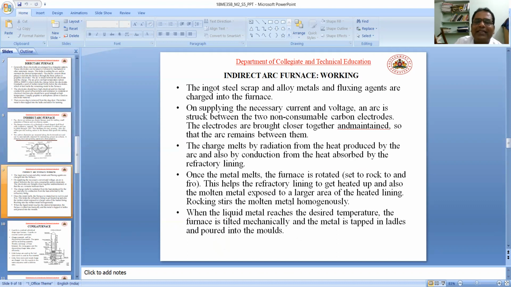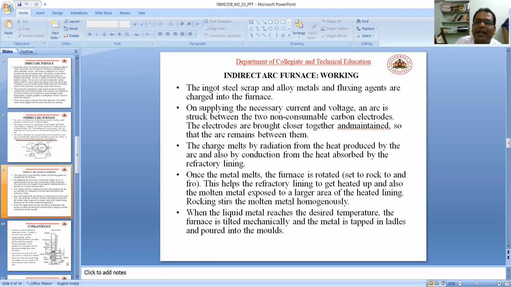Ignited steel scrap, alloy metals and fluxing agents are charged into the furnace. On supplying the necessary current and voltage, an arc is struck between two non-consumable carbon electrodes. The electrodes are brought closer together and maintained so that the arc remains between them.